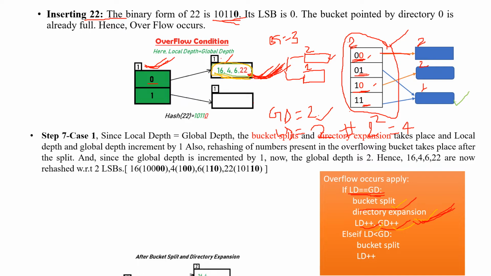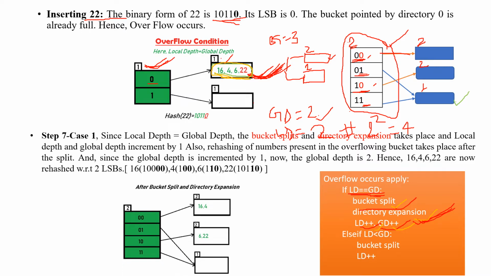So if you want to store 16, 4, 6 and 22, you have to check what the global depth is. Global depth is 2, so now you check 2 LSB bits. 16 has 2 LSB bits 0 0, so 16 is going to be stored here.